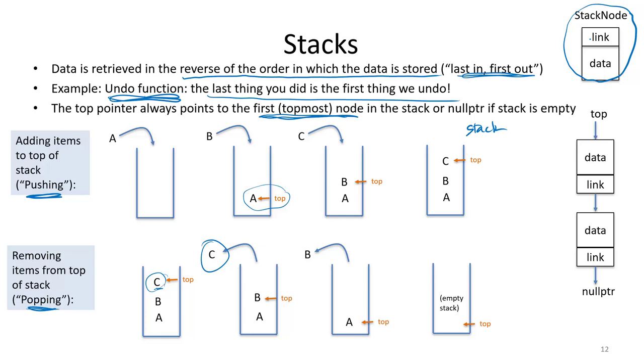For example, we could create a node called stack node, which contains a data value, maybe an int, and some pointer named link. In this case, we could declare a top pointer and make it point to multiple nodes within our stack structure. We'll go through an example of a stack a little bit later.